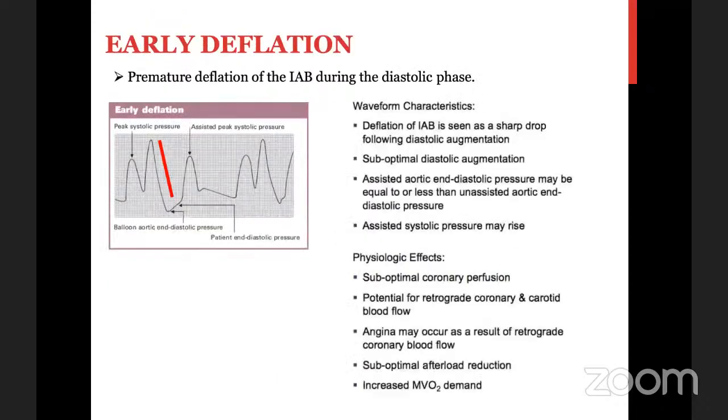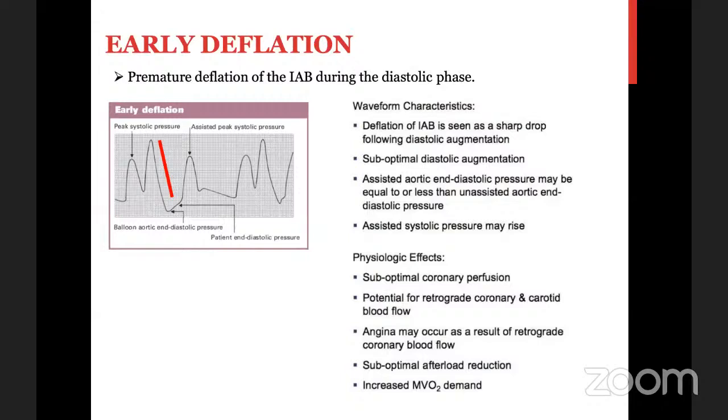Then early deflation, which is premature deflation of the balloon during the diastolic phase. It is seen as a sharp drop following diastolic augmentation, suboptimal diastolic augmentation, assisted aortic end diastolic pressure that may be equal to or less than the unassisted aortic end diastolic pressure, and the systolic pressure may rise.